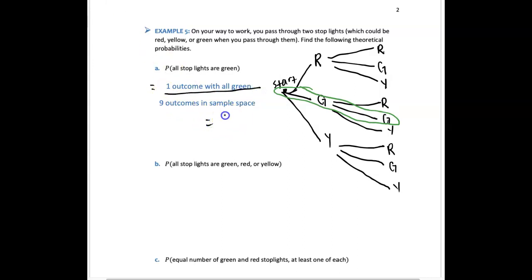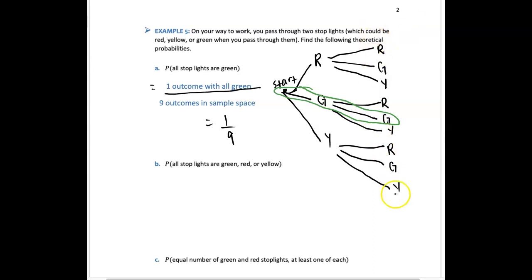Okay, part B. Find the probability that all stoplights are green, red, or yellow. For part B, that's all that can happen, right? Your stoplight can only be green, red, or yellow. There's no other color it can be.